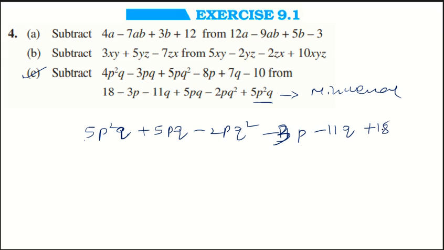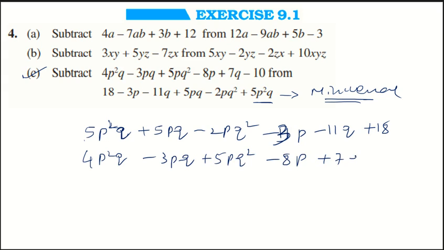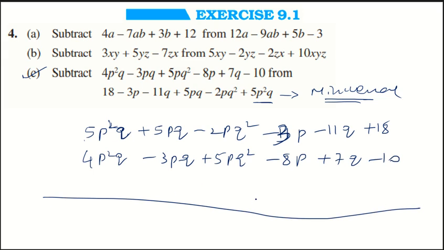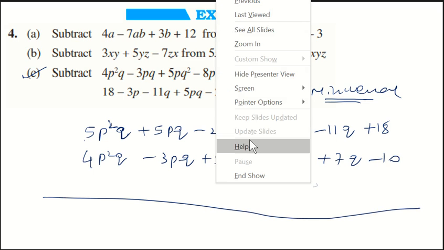Check once: plus 18 minus 11q minus 3p minus 2pq square plus 5pq and plus 5p square q. So, now the minuend is rearranged, then the subtrahend I am writing as it is: 4p square q minus 3pq plus 5pq square minus 8p plus 7q minus 10. Sorry, let me wipe out and draw it properly.